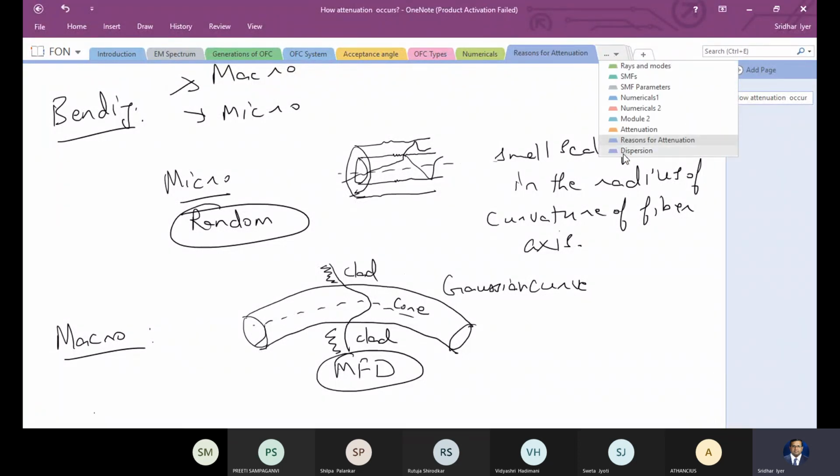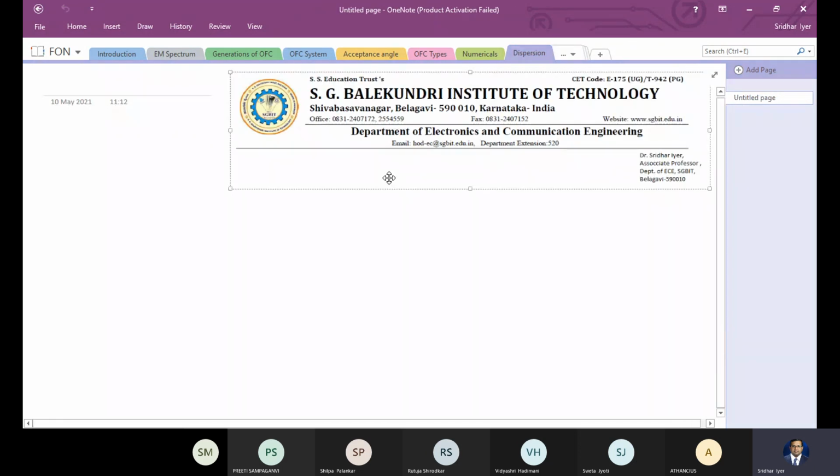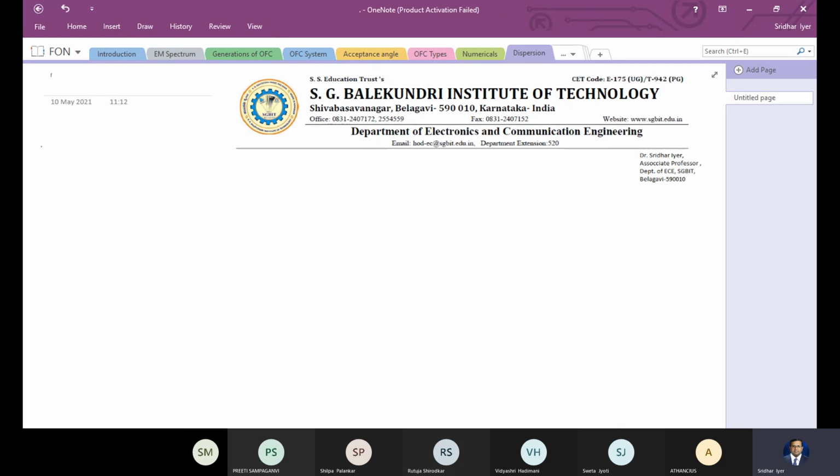Now, having done this part of attenuation, let's move to the other part of the losses that we have. In general, in fiber terminology, these are known as impairments. There is one impairment which we have already done, which is attenuation.